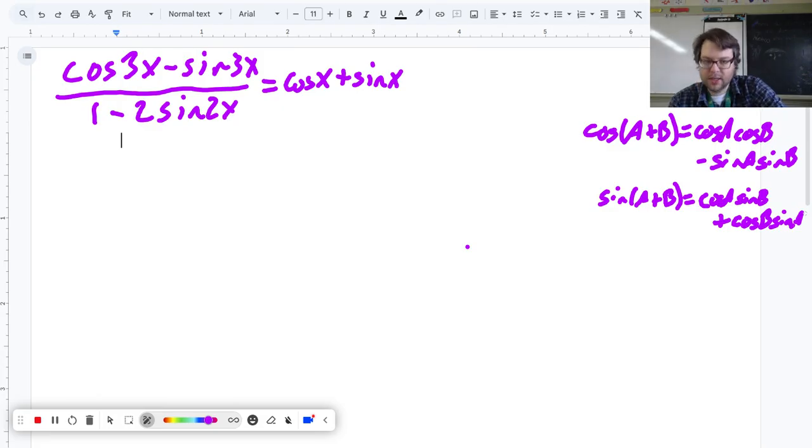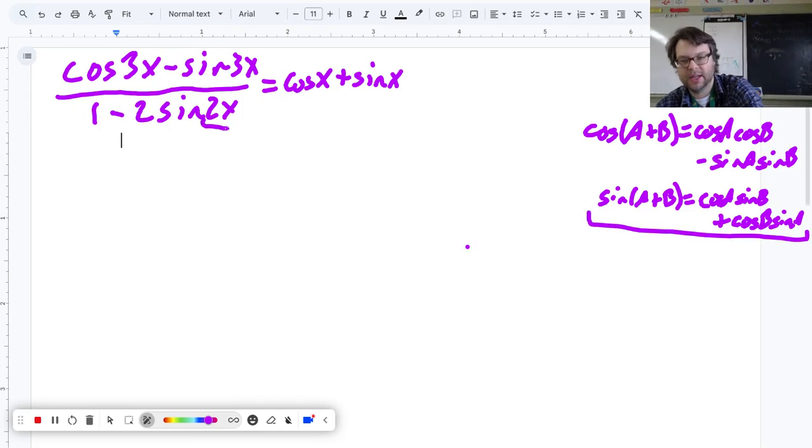Then there's another one that is really related to this, and the reason I'm going to use it here is because I see a sine of 2x. So I'm just going to remind myself, what do I do when I see sine of 2x or sine of 2a?